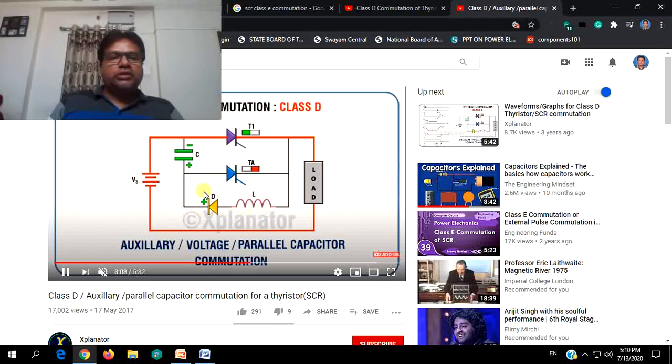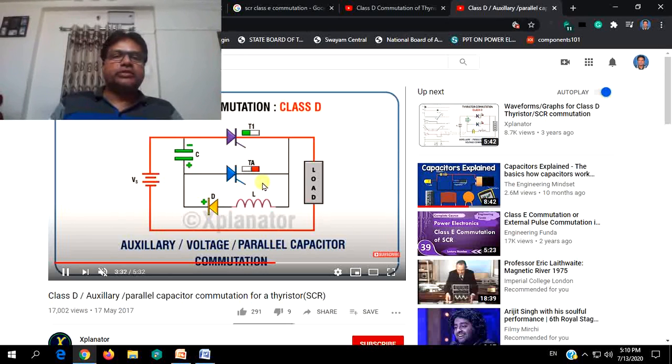Once this path is closed, capacitor current now starts to flow through the auxiliary SCR when it is triggered with its gate pulse.